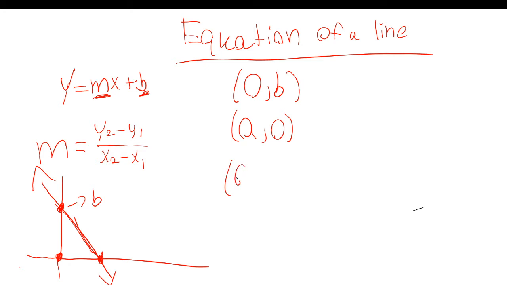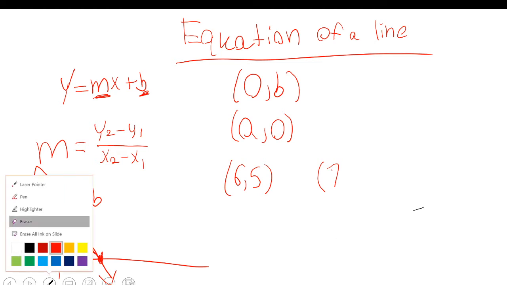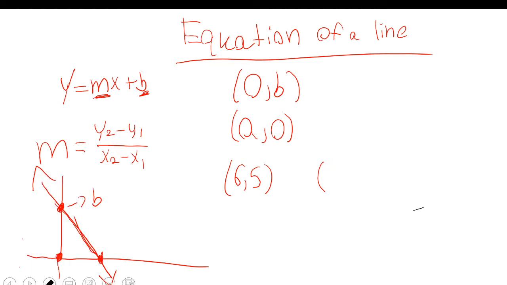Even if it's not, this technique works. Let's say you have a point (6, 5), and another point on the line. I'll pick (8, 10), since that works well, though the technique would still work with 7.